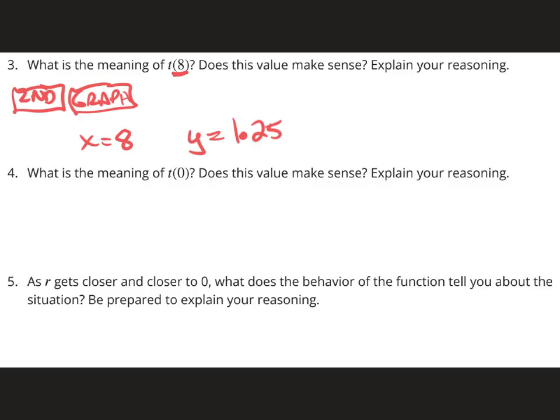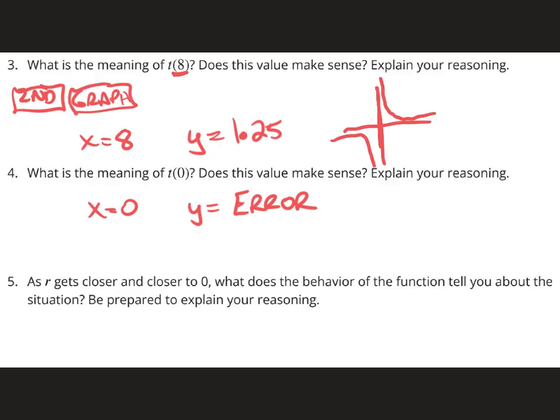Now, what is the meaning of t equals 0? If you scroll up to 0, when x equals 0, y equals error. And why is that? We cannot divide by 0. Why? Because if you do 1 over x and divide by 0, this is what's going to happen.